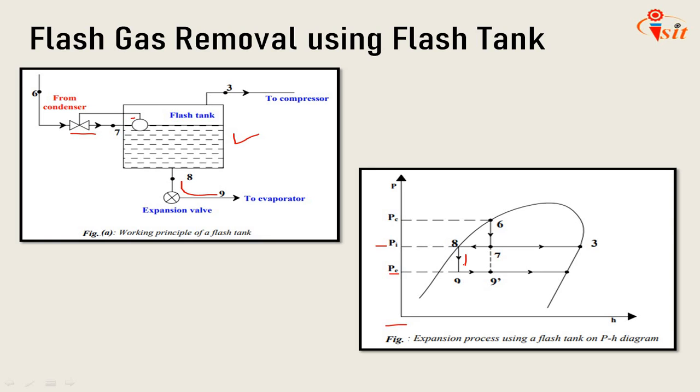Depending upon the type of the system, the saturated vapor in the flash tank is either compressed to the condenser pressure or throttled to the evaporator pressure. In the absence of the flash tank, the refrigerant condition at the inlet to the evaporator would have been 9'.